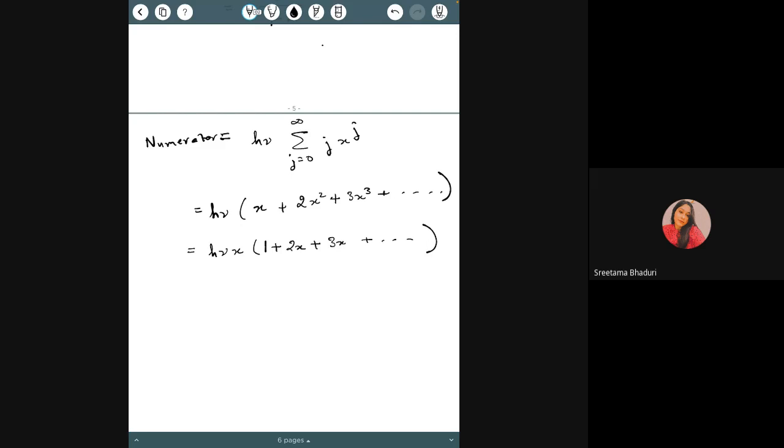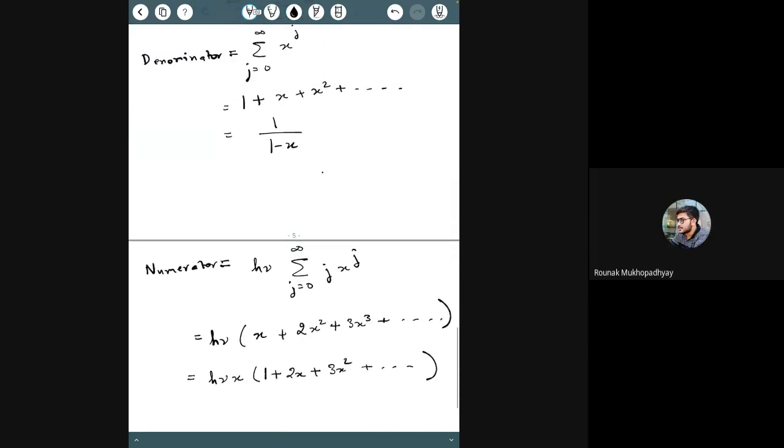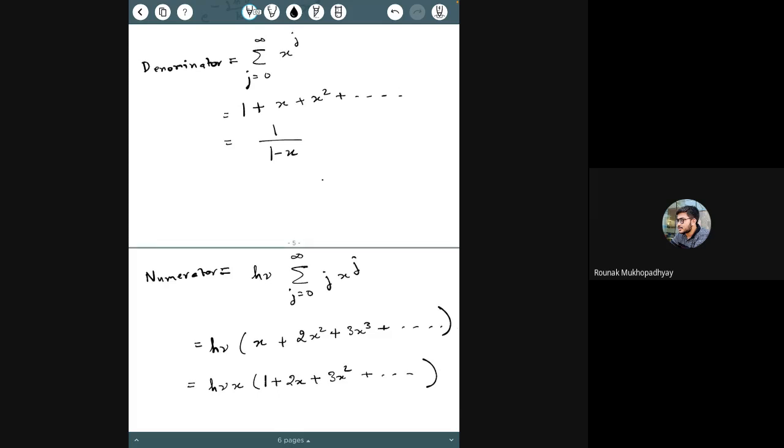So do you all want to try to evaluate this yourself? Ma'am, that will be 3x squared, right? Yes, 3x squared. I can give you 5 minutes to try. Ma'am, can you please go a bit upward for the denominator part?